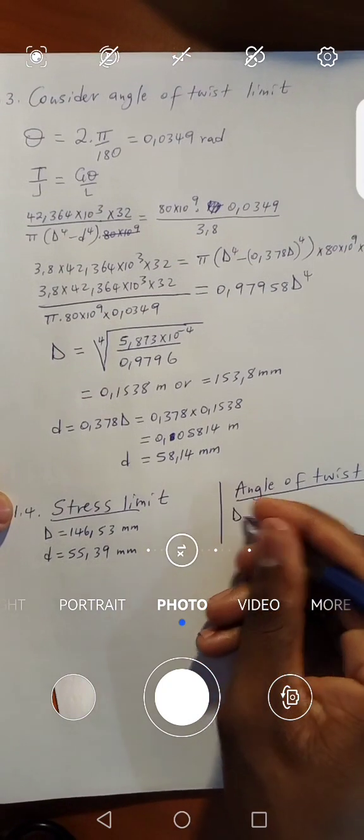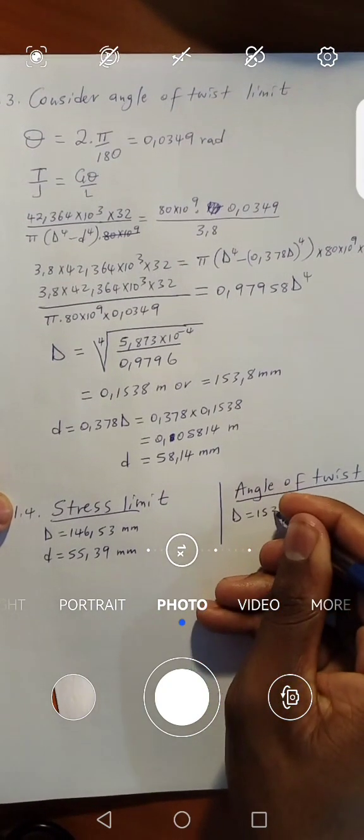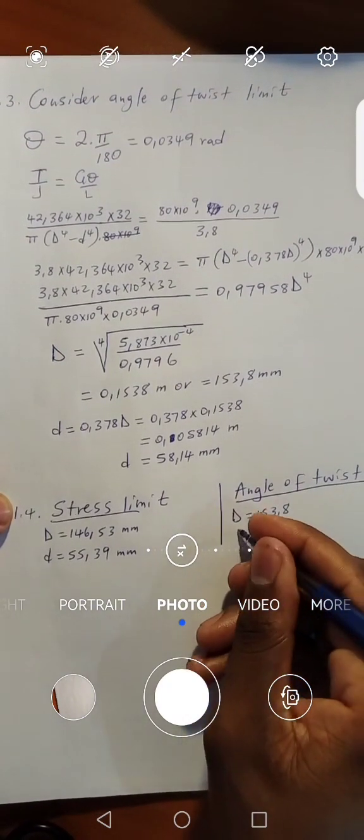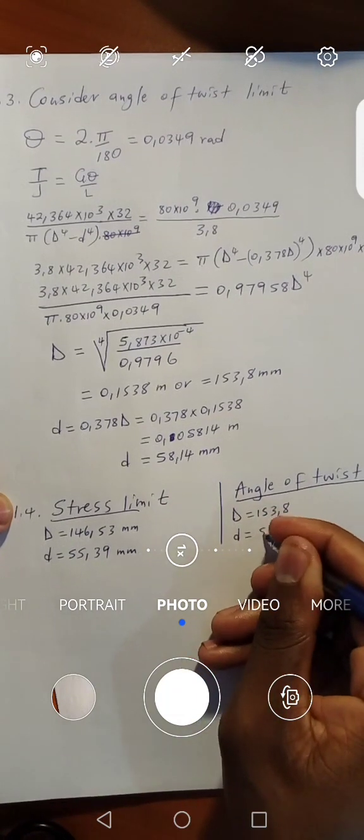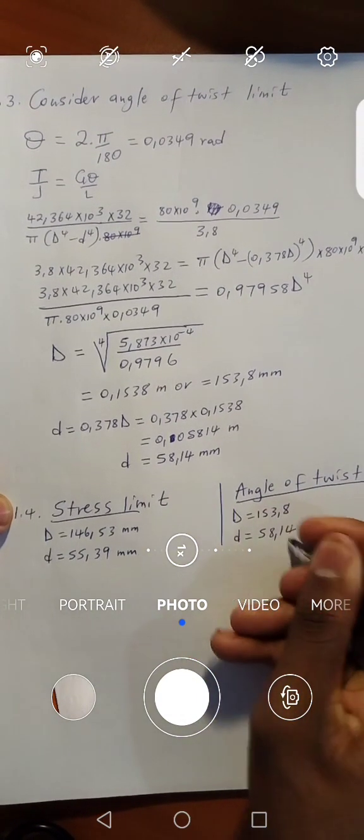Capital D is 153.8, small d is 58.14 millimeter.